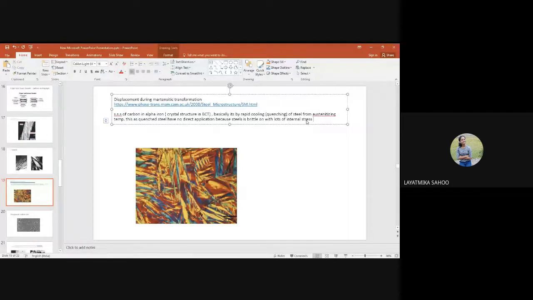Why? Because it contains a lot of internal stresses. That is one part. But the main part is the steel behaves in a brittle nature. It will easily break, or plastic deformation will not happen. It will easily get cracked.